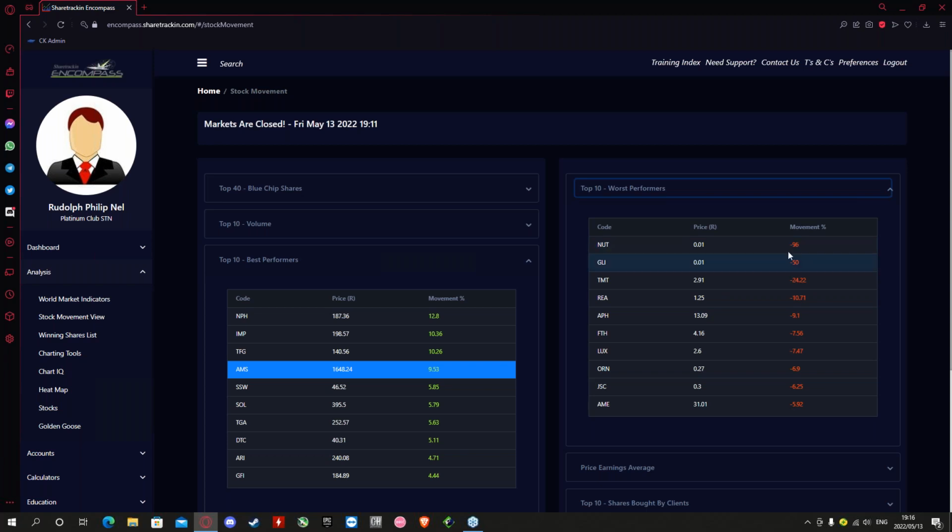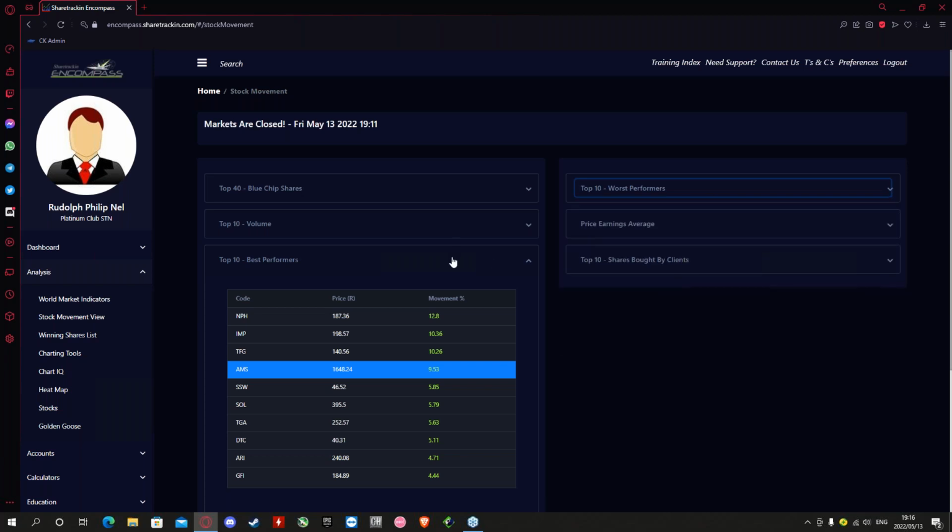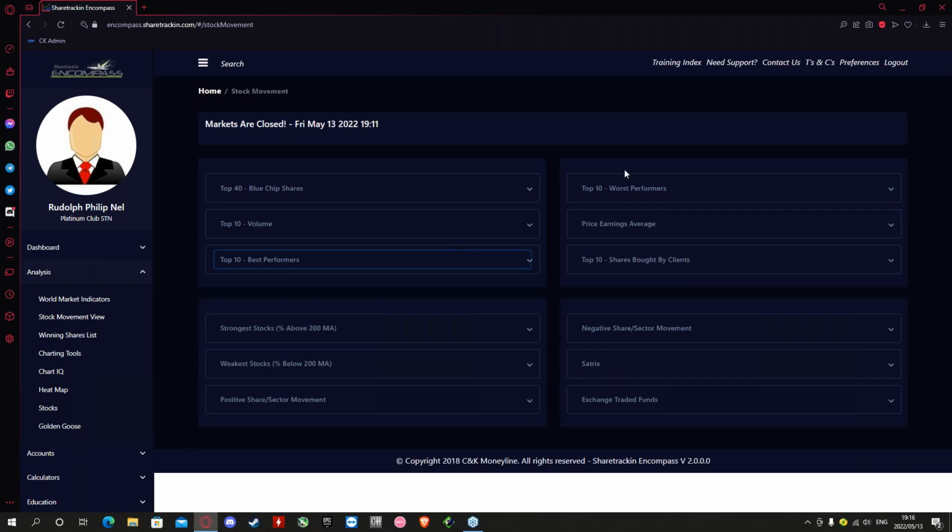Sorry, that would be a 50% loss. I think it might have even traded at 3 cents then. And then GLI also went down with 50%. So this one was on 2 cents, for instance.